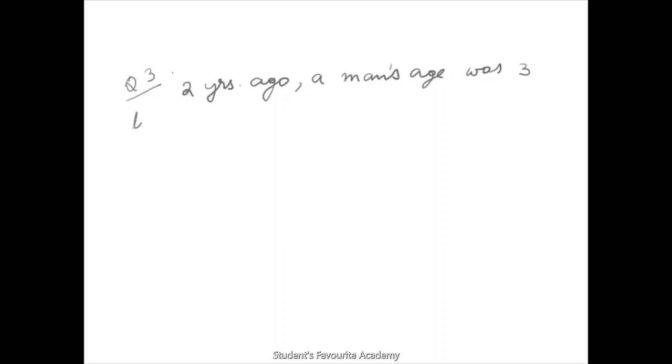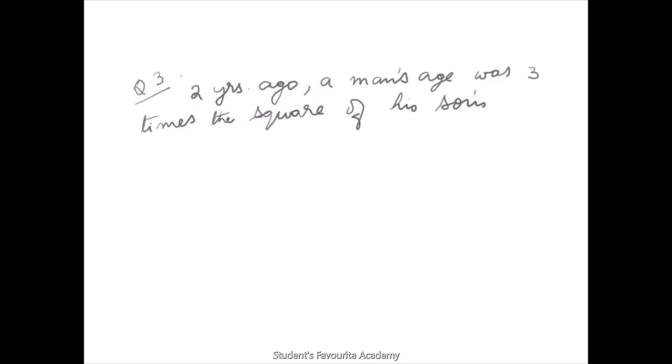Question 3. 2 years ago, a man's age was 3 times the square of his son's age.